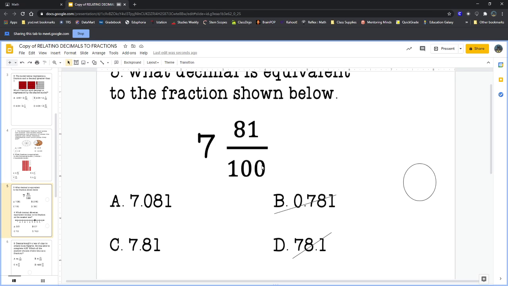It's not C. Okay, why do you say not C? Because it says 100, and at the end it has 10, not 100. At the end of the decimal? Yes, it's supposed to be 7.081.